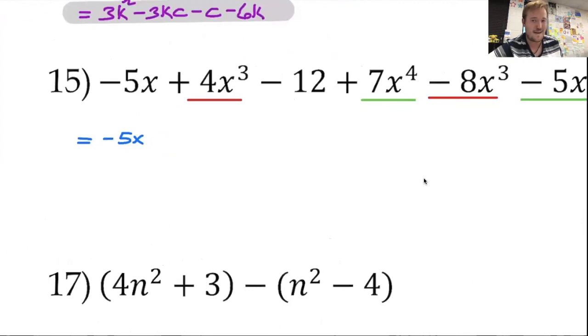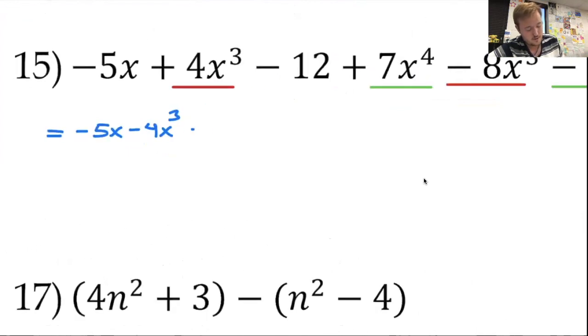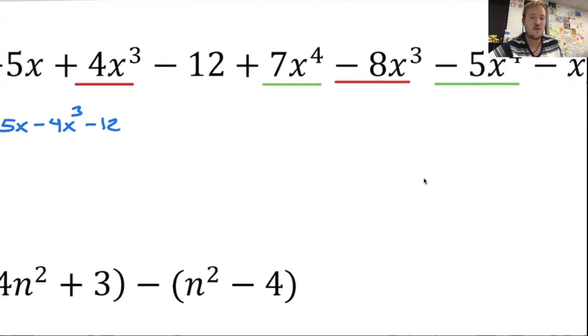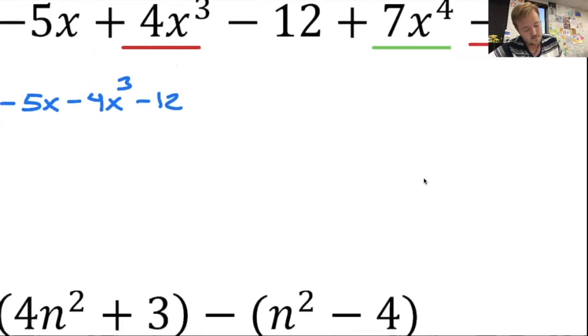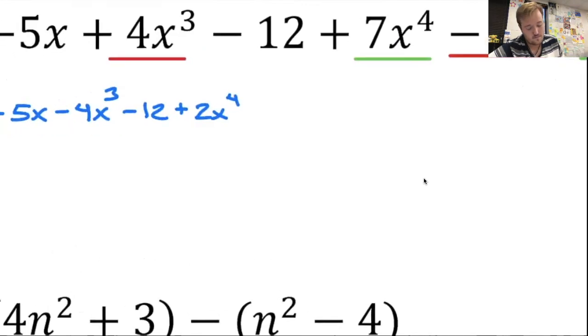So 4 minus 8 gives you a negative 4x cubed, then minus 12. So now I'm going to combine my x to the fourths. So we have 7 minus 5, which gives us positive 2x to the fourth. And then we have that negative xy.